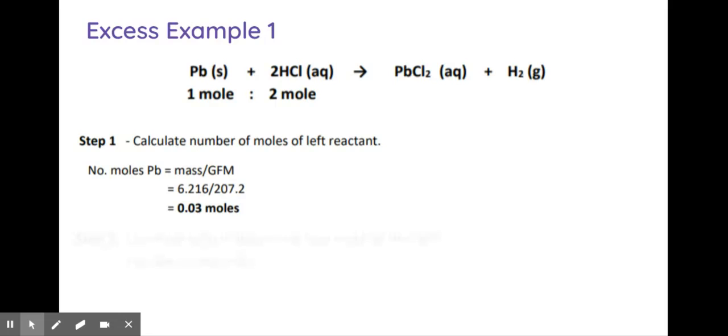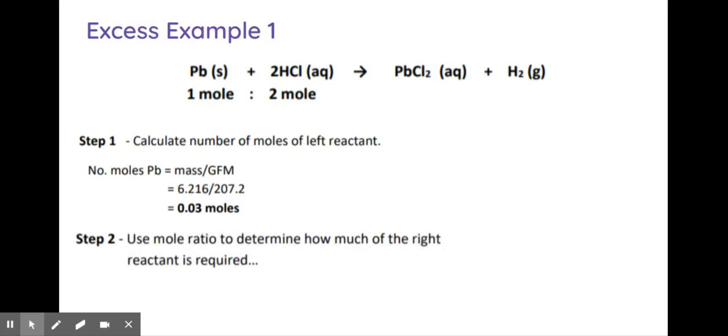Now for step 2, we're going to compare the number of moles to determine how much hydrochloric acid we need for the reaction. If we look at our mole ratio, 1 mole of lead needs to react with 2 moles of hydrochloric acid. It's a 1 to 2 mole ratio here.